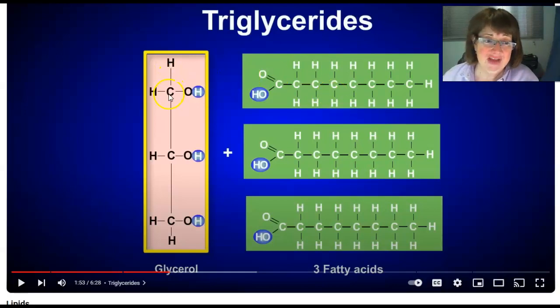So here we have a 3-carbon backbone called glycerol, and tri means 3. So here are the 3 fatty acids that come off of triglycerides. Now, when you change the fatty acid, you will change the property of the fat or the oil. And that'll be something to look at later in terms of nutrition, but not needed in this class.